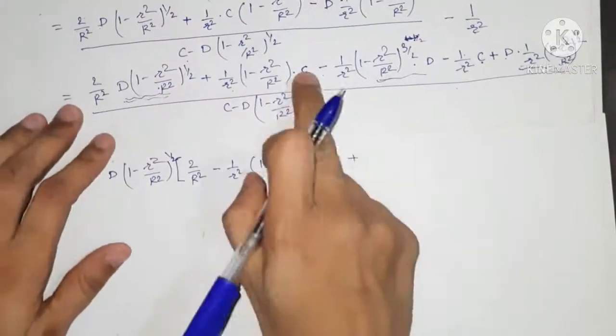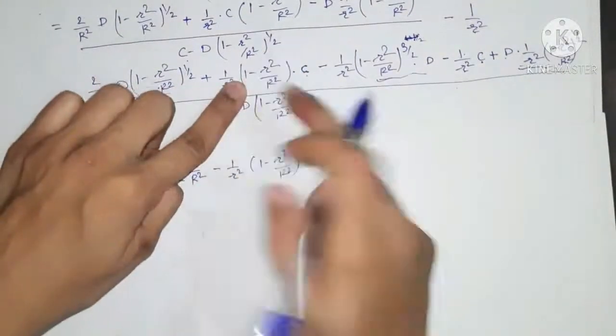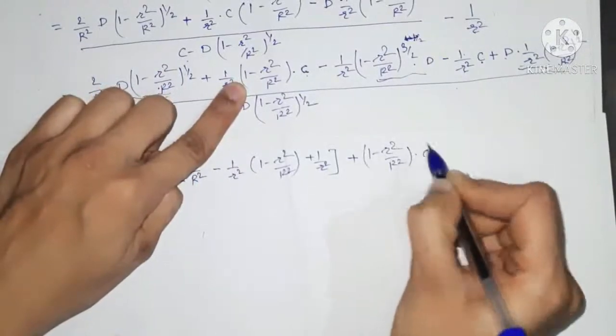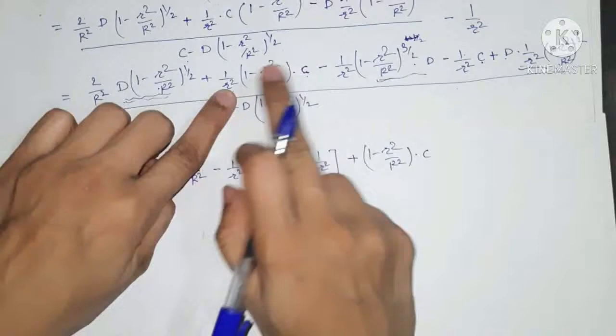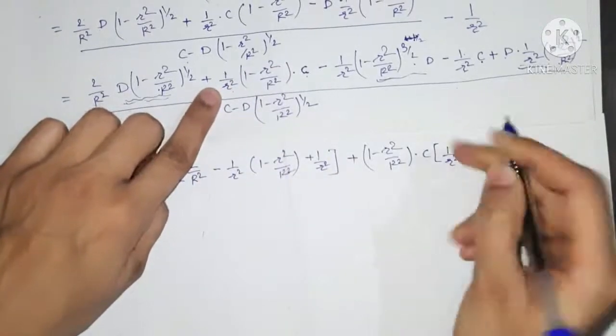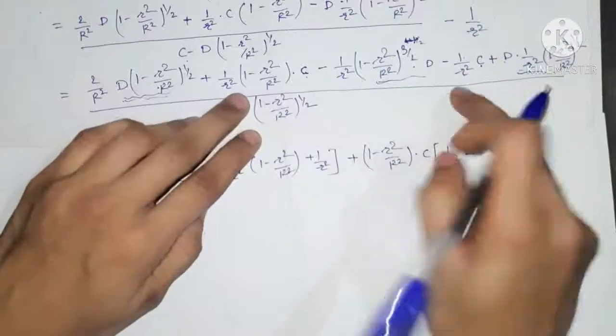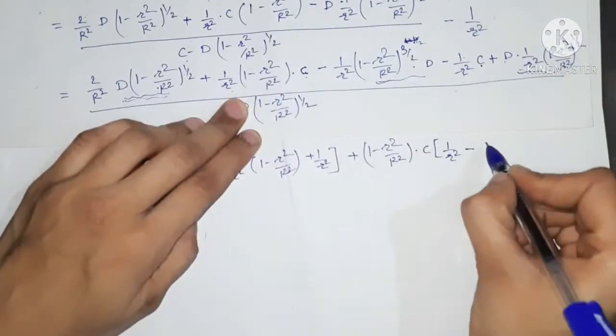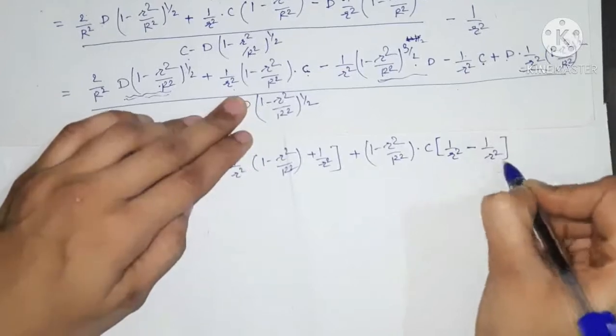Plus, now we take the (1 minus r square upon capital R square) into c, this term as a common, so we remain with inside the bracket 1 upon r square minus here, this is term containing c, so it is minus 1 upon r square.